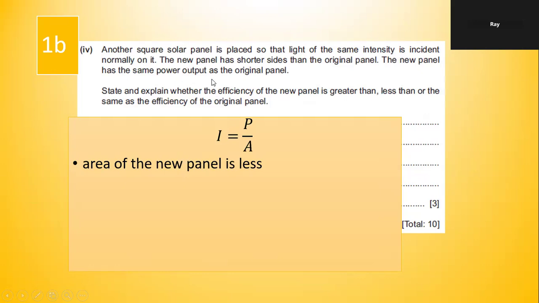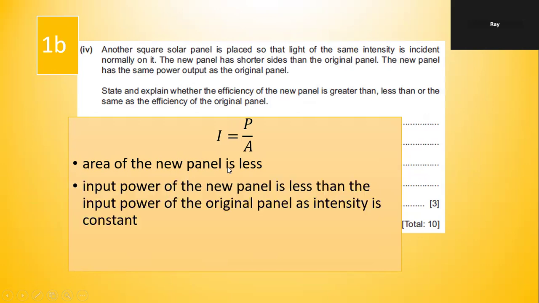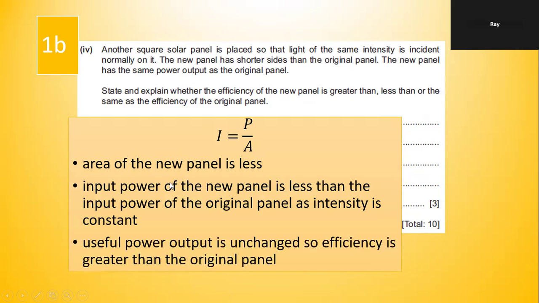This is the formula. The area of the new panel is less. So the input power of the new panel is less. The input power of the original panel is the original power, as intensity is constant. I is constant. Use that to explain the formula.